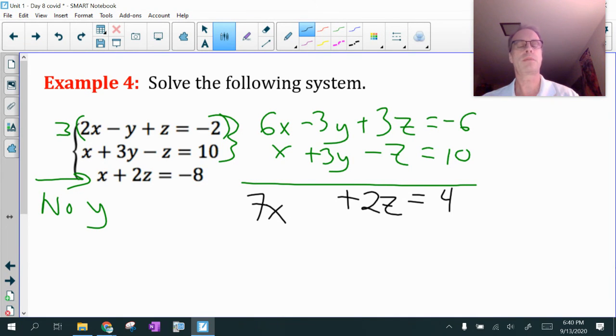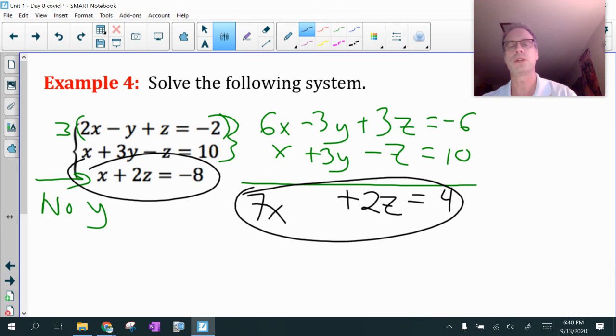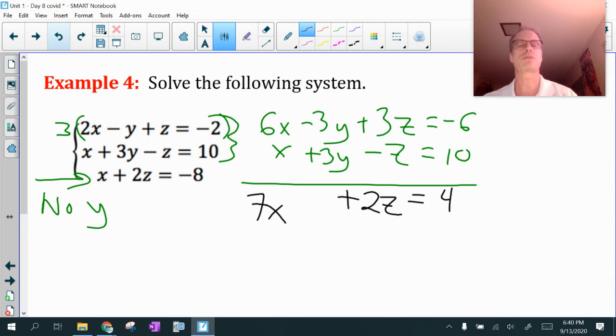Now, the next thing I'm going to do is combine this equation here with this equation here. It does make me happy that these two are matching, but it's not perfect, because in order for me to do it straight up, I'm going to need to multiply this equation through by a negative 1.